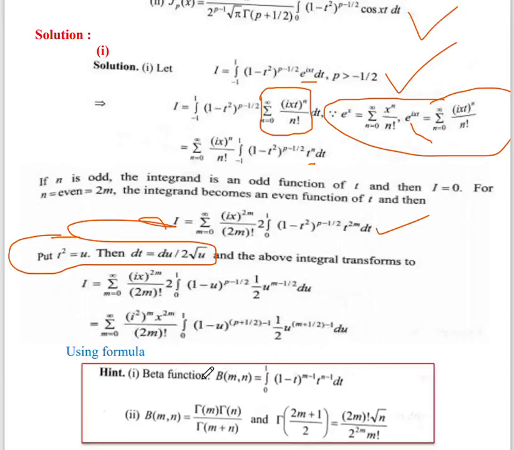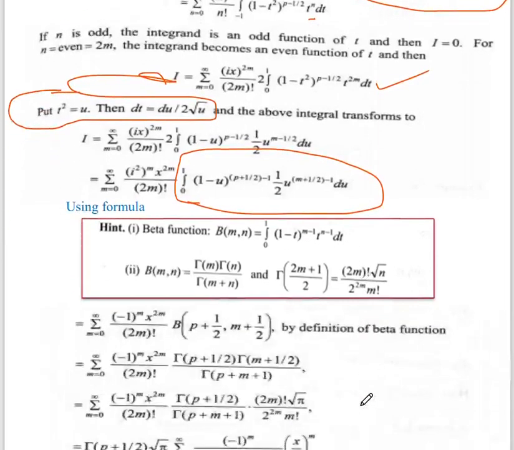Now to solve this integral we will use the beta function. The beta function is defined as beta(m, n) equal to integral 0 to 1 (1 minus t) to the power m minus 1, t to the power n minus 1 dt. So this can be written as summation m equal to 0 to infinity (minus 1) to the power m x to the power 2m upon 2m factorial.